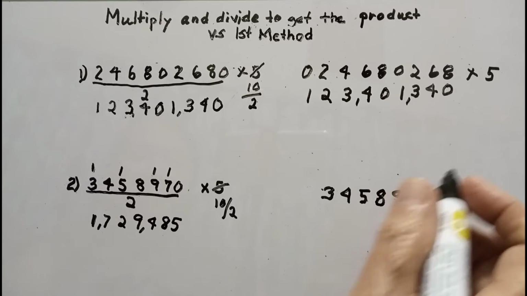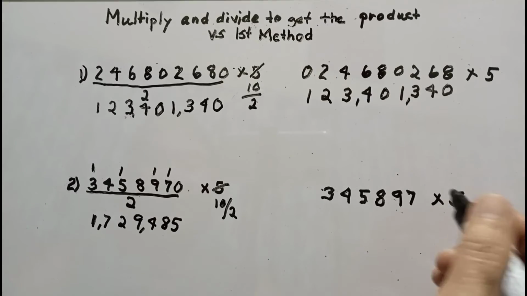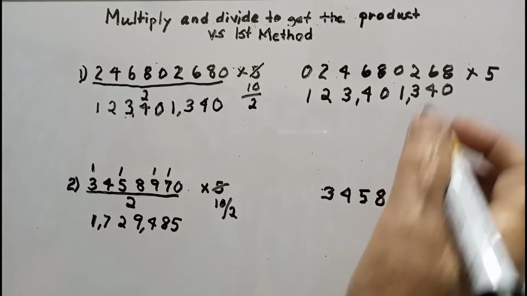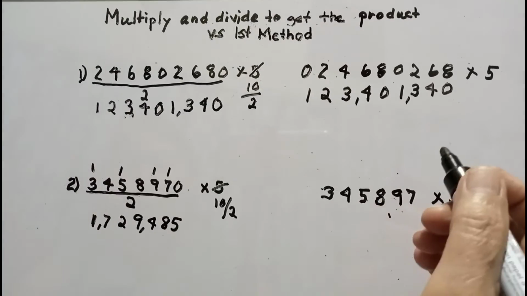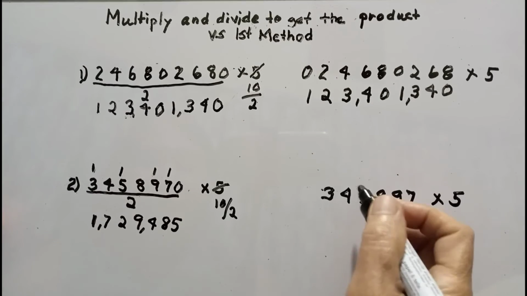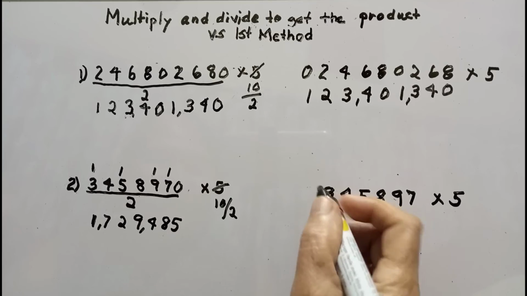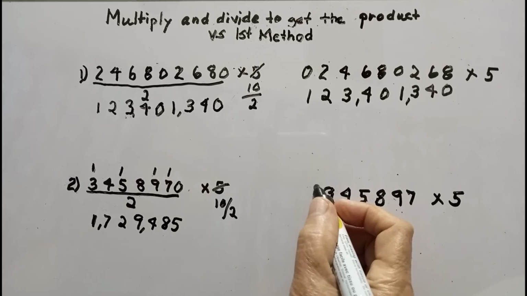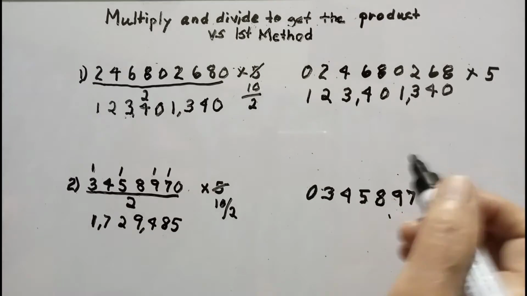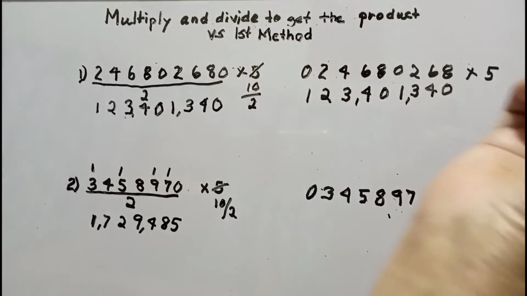What about the first method uploaded earlier? Can you remember? Excuse me, I am coughing. You have to write 0 first, then start.